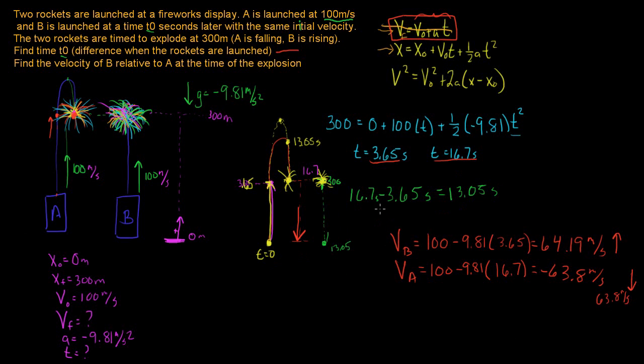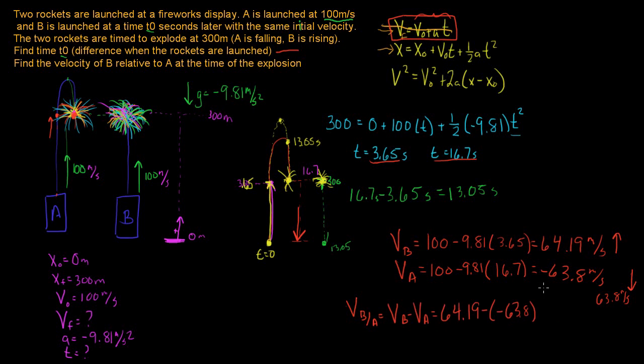And the question's not done. The question's asking, find the velocity of B relative to A. So the velocity of B relative to A is equal to the velocity of B minus the velocity of A, which is equal to 64.19 minus a negative 63.8.